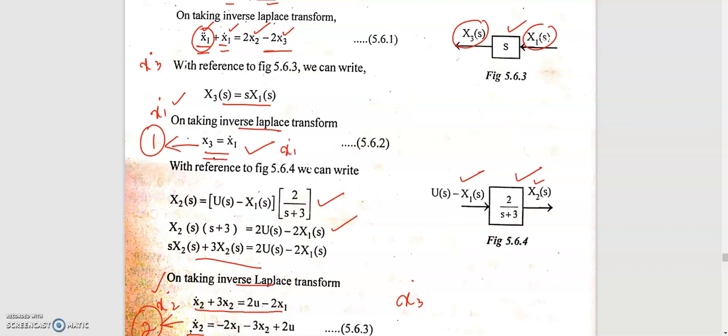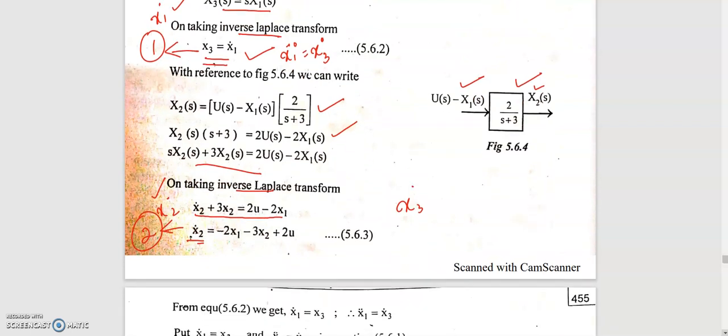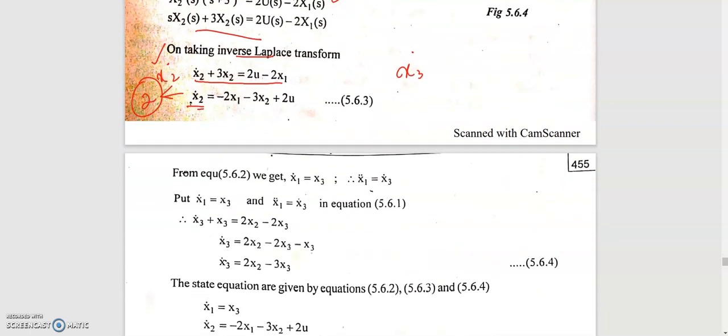So x1 double dot will be equal to x3 dot, and x1 dot is actually x3. Substitute this, replacing x1 double dot with x3 dot and x1 dot with x3, and from this you will get x3 dot. This is your third equation, the equation for x3 dot.